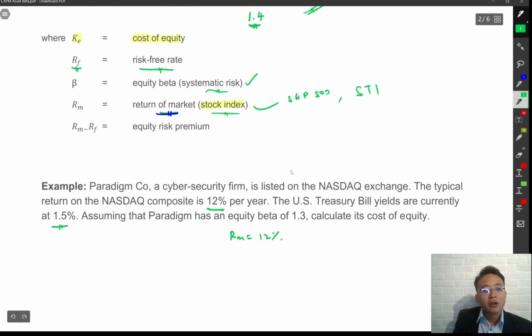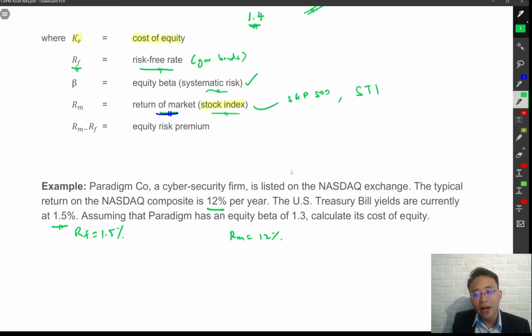Risk-free refers to government bonds, and of course, we mean stable governments of developed countries. Like here, if they give us the US bond yield, this works, 1.5%. Thank you very much. This is my risk-free.